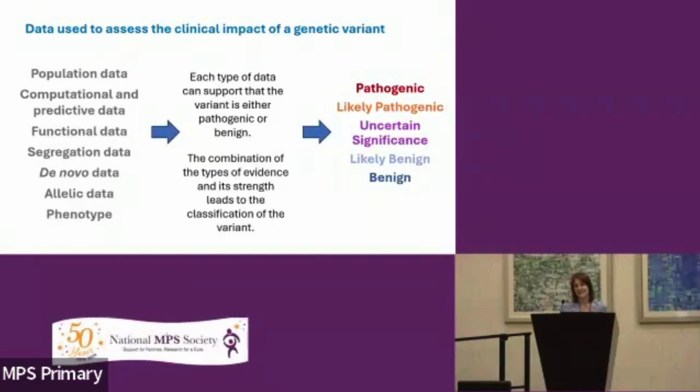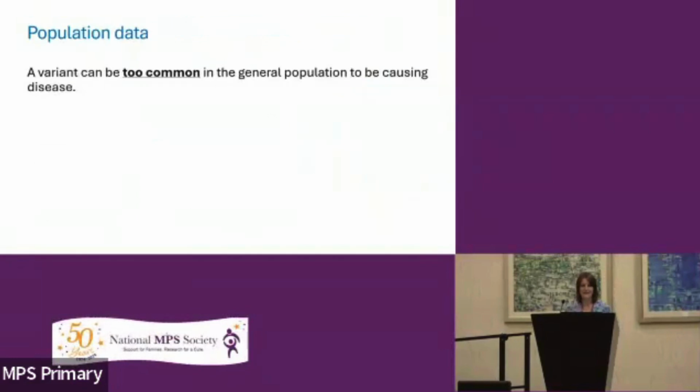So I'm going to talk just a little bit about some of these different types of data and how we use them in variant classification. I won't go through the whole list, but just to give you an idea for the types of data that we use and how that all comes together. So the first type of data that can be helpful is population data. So sometimes we look at a genetic variant and it is just too common in the general population to be causing a disease.